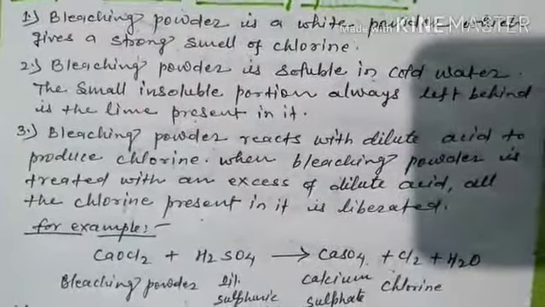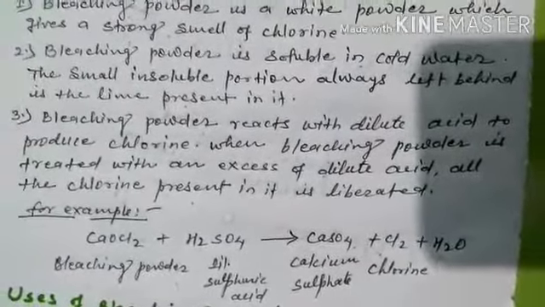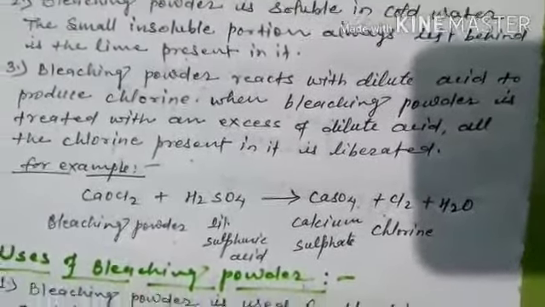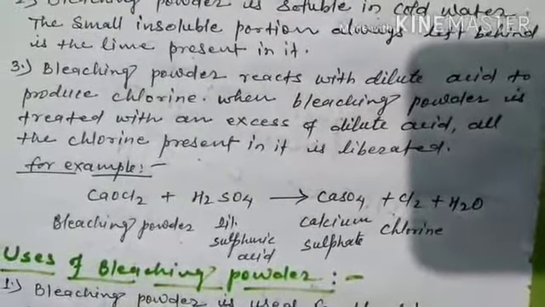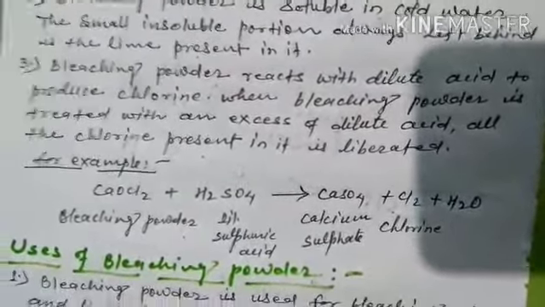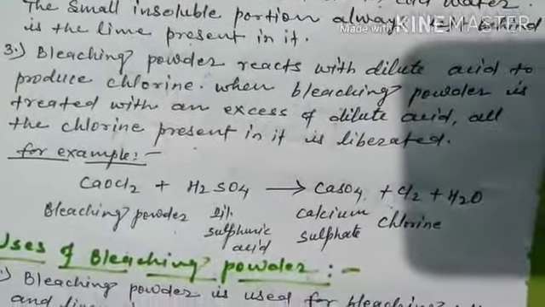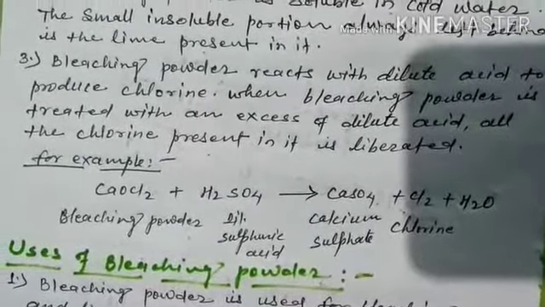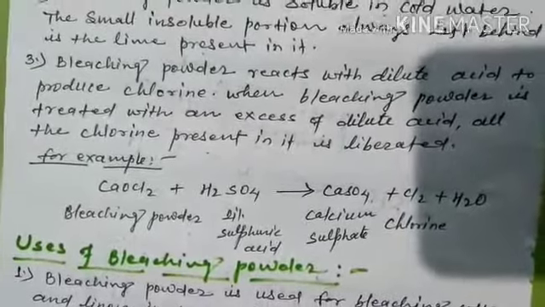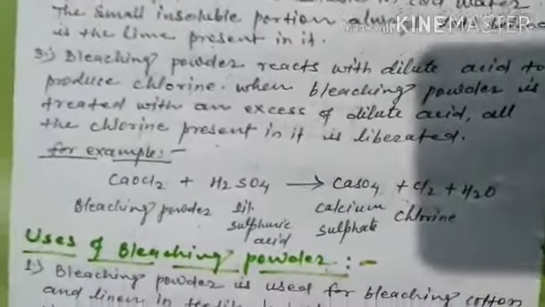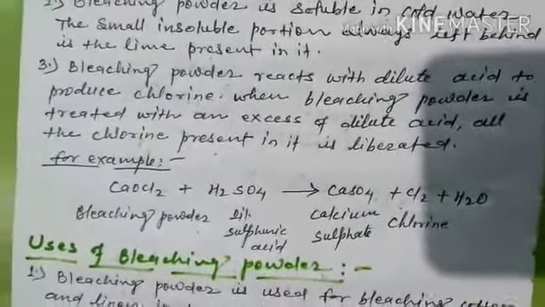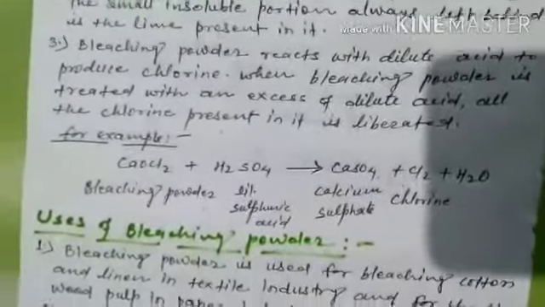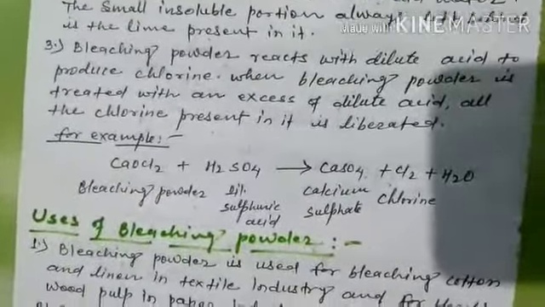Bleaching powder reacts with dilute acid to produce chlorine. When bleaching powder is treated with an excess of dilute acid, all the chlorine present in it is liberated.